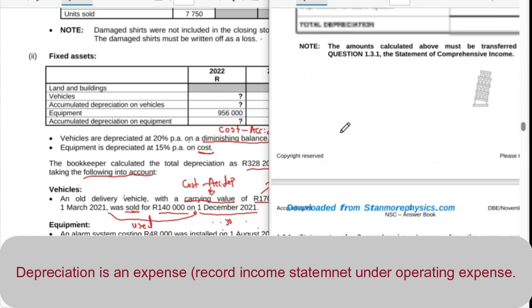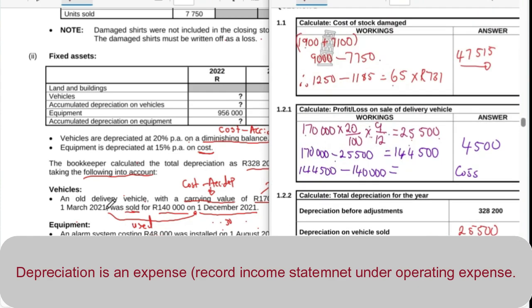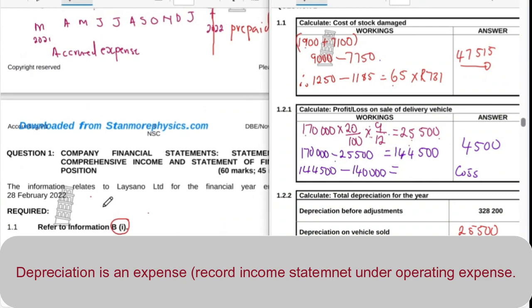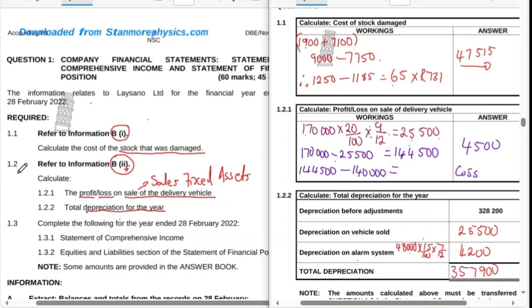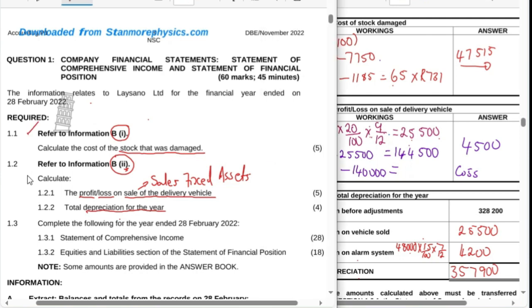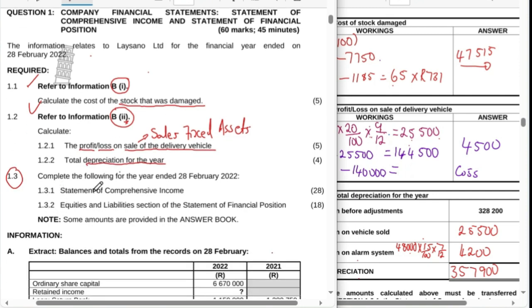And then guys, we can continue. We are done with 1.1.2, let's just tick.